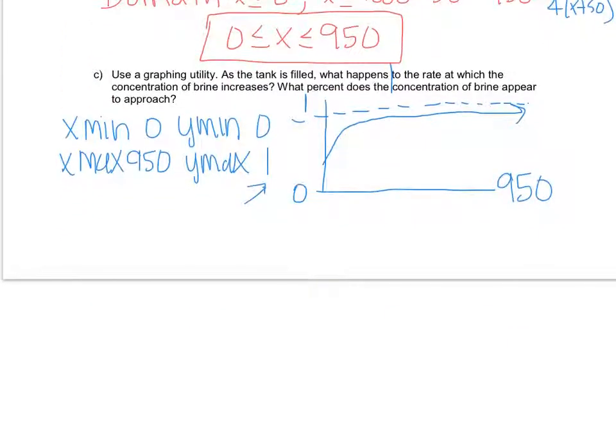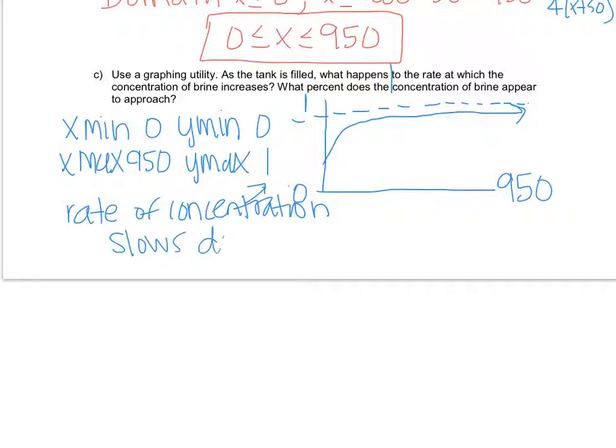So eventually, over time, I'm going to get closer and closer and closer to what percentage? 75%. So if you notice, my rate of concentration slows down. And it's eventually going to cap off at what number? And that's going to be 75%.